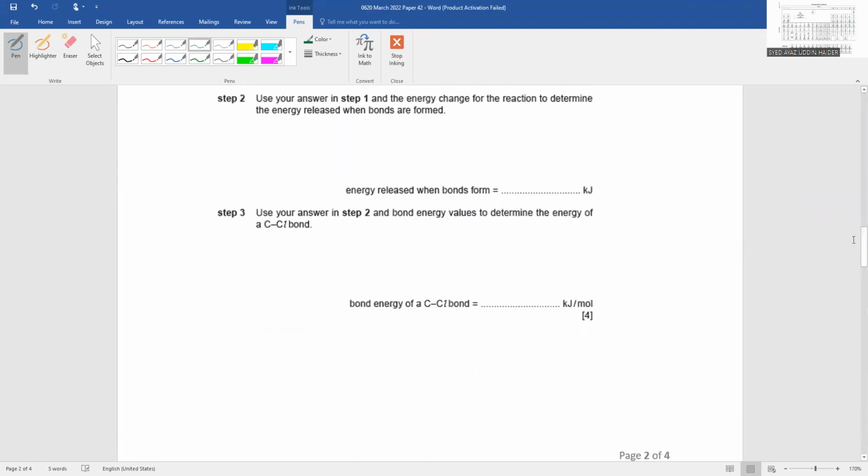Use your answer in step 1 and the energy change for the reaction to determine the energy released when bonds are formed. We know the formula.